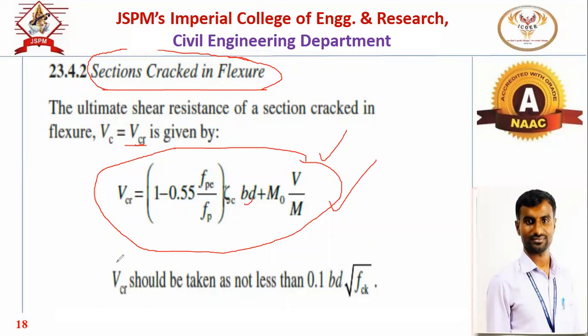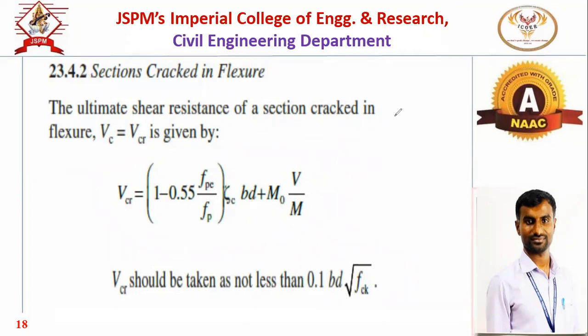Now here, this V critical or the ultimate shear resistance should be taken as not less than 0.1 BD root of FCK. So what is the clause in the first? In the uncracked section we have discussed about the FT. What is the formula? Maximum principal tensile stress is limited to 0.24 root FCK.